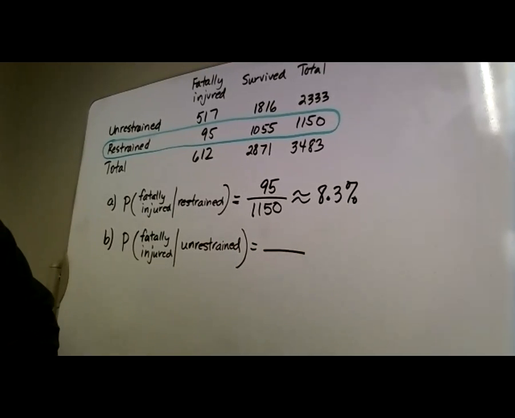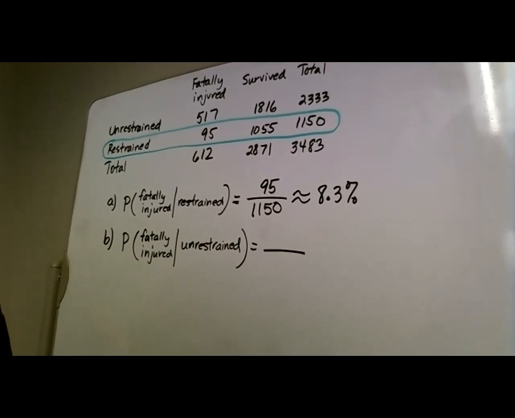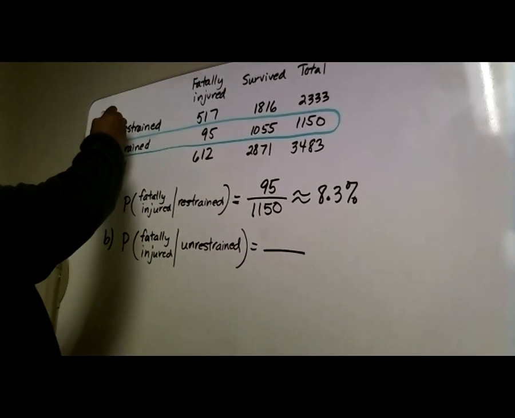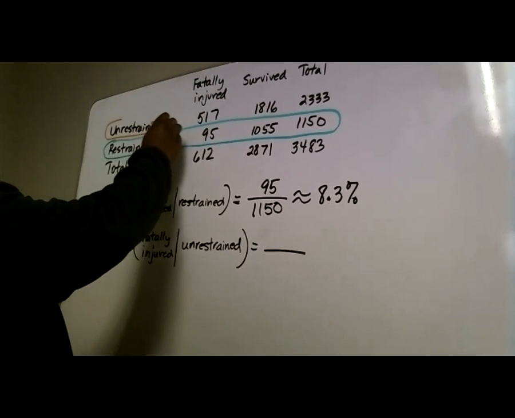So we need to look at the row for unrestrained. Now I have to do this in orange. So it'll be this up here.